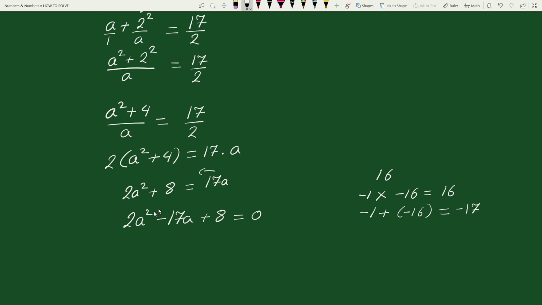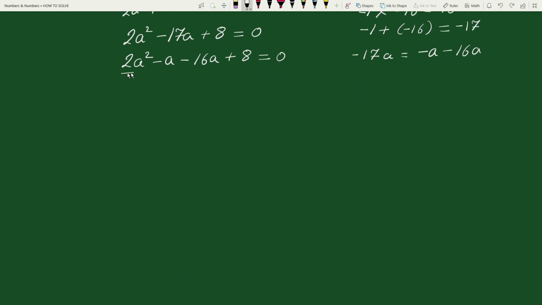So minus 17a can be written as minus a minus 16a. So we can write this equation as 2a square minus a minus 16a plus 8 equals 0.